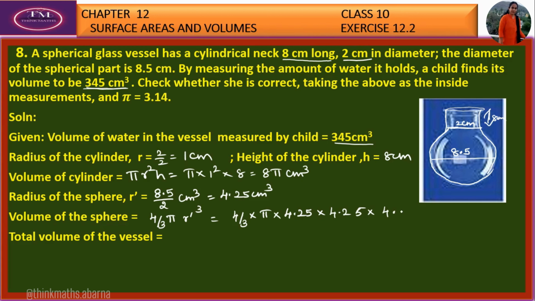Now we have to find out the total volume of the vessel. So it is nothing but volume of cylinder plus volume of sphere.